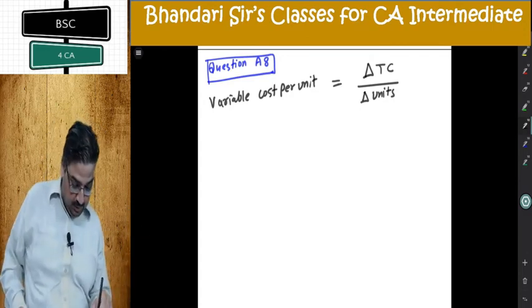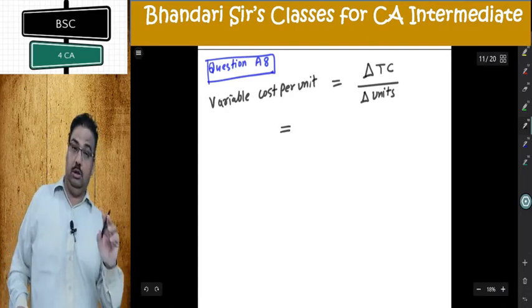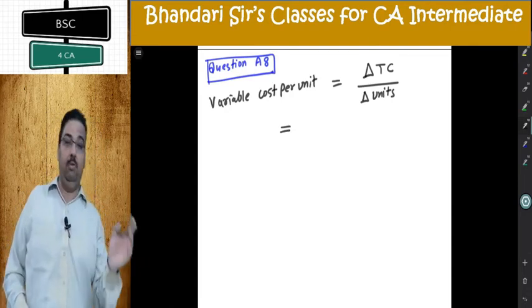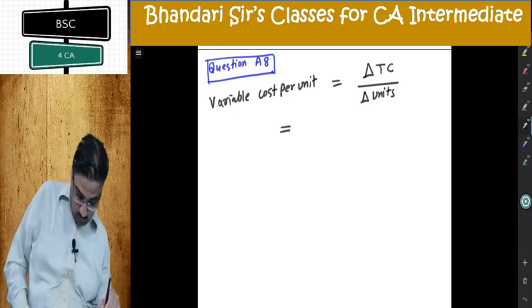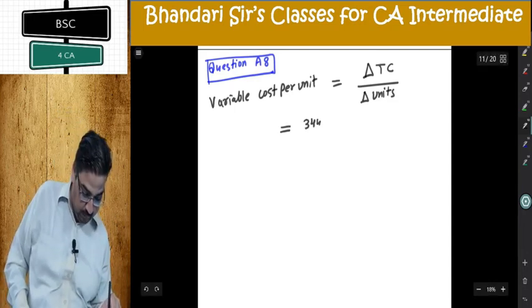Anything question wants, I can easily compute. So let us compute this. Total cost is a mix of fixed cost and variable cost. I want to get the variable component per unit from there.